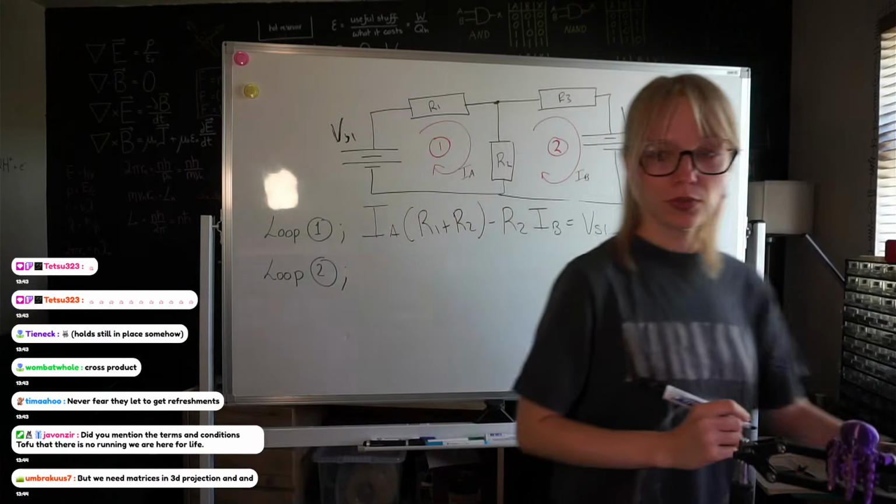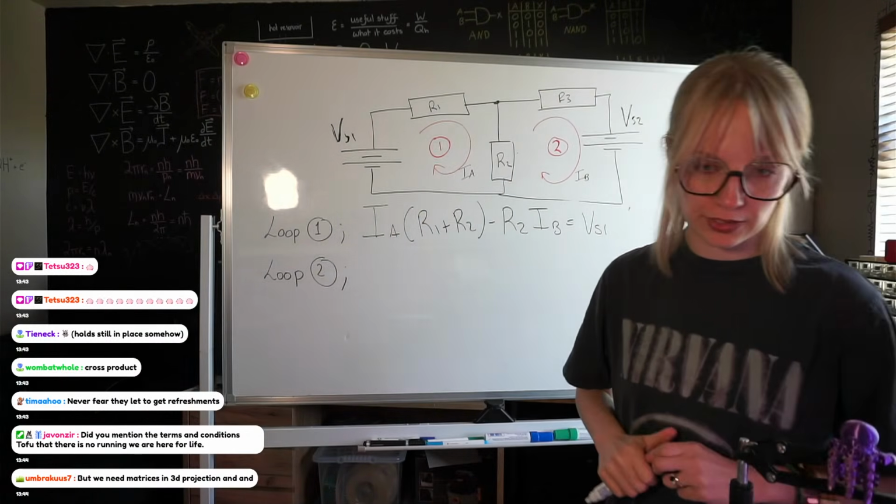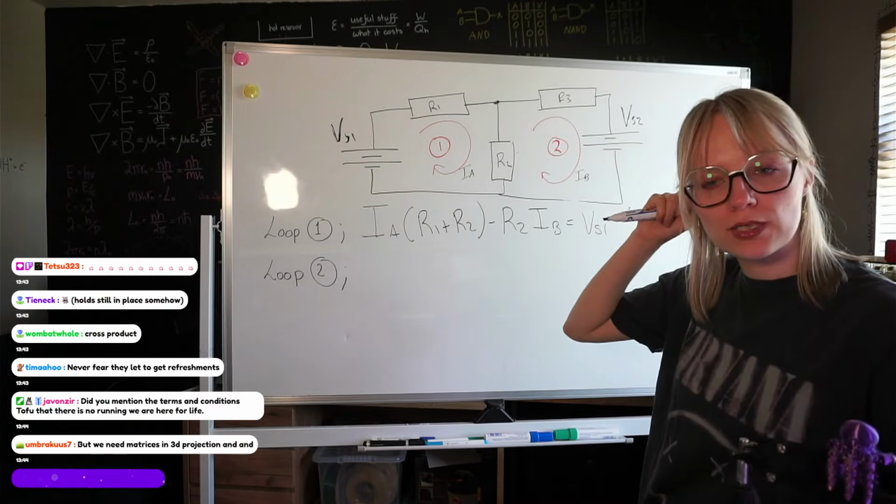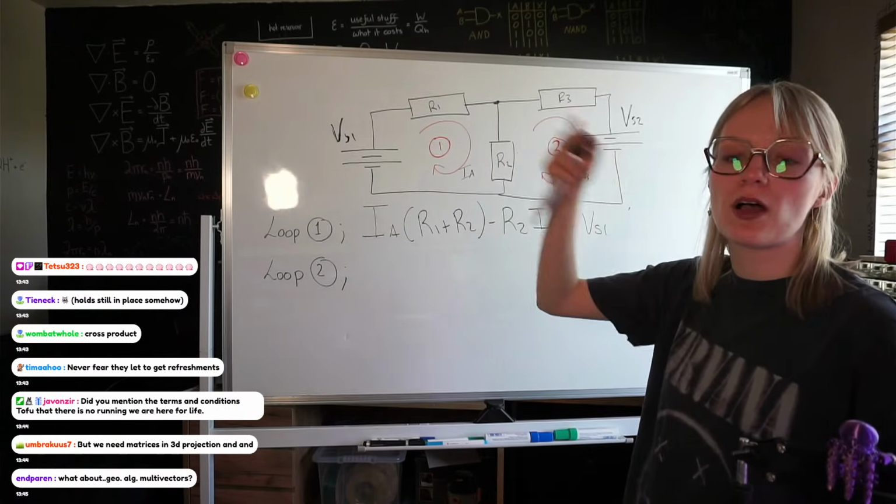Let's look at loop 2 now, okay? So let's have a quick look at this. It's a little bit more, not advanced, I would say, but we're skipping on afterwards.